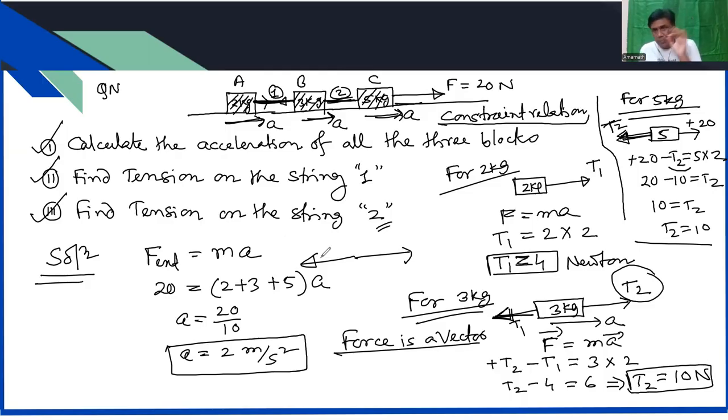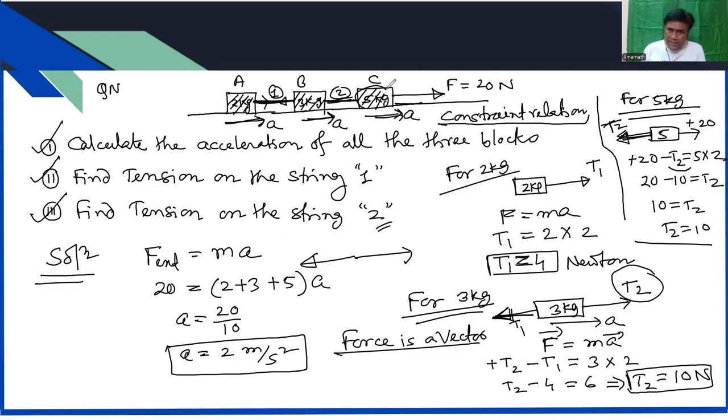Here actually, the point is that the string will always be tight. It will not be loose, it will not be slack, and it will not be torn. It cannot break. So what does it mean?